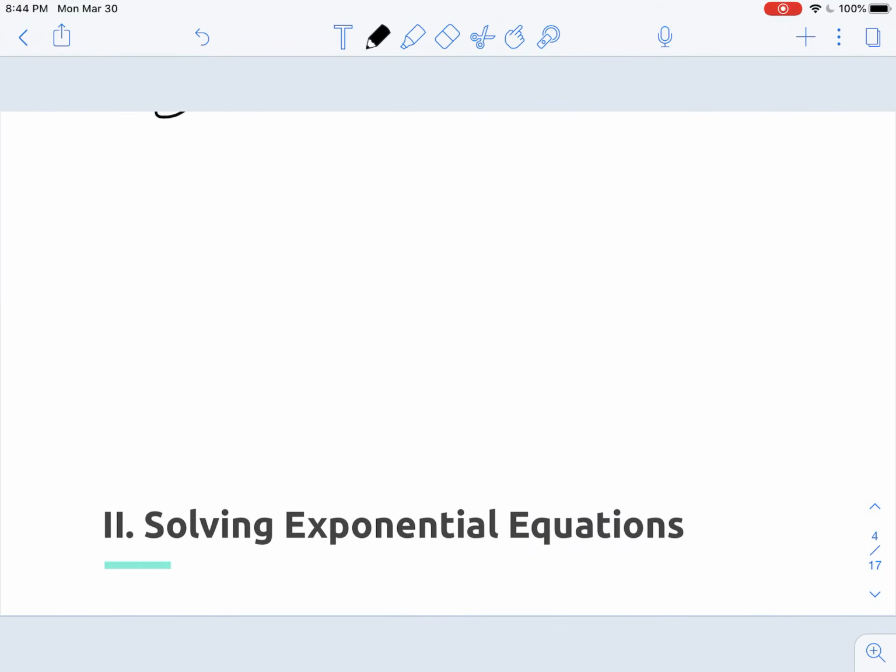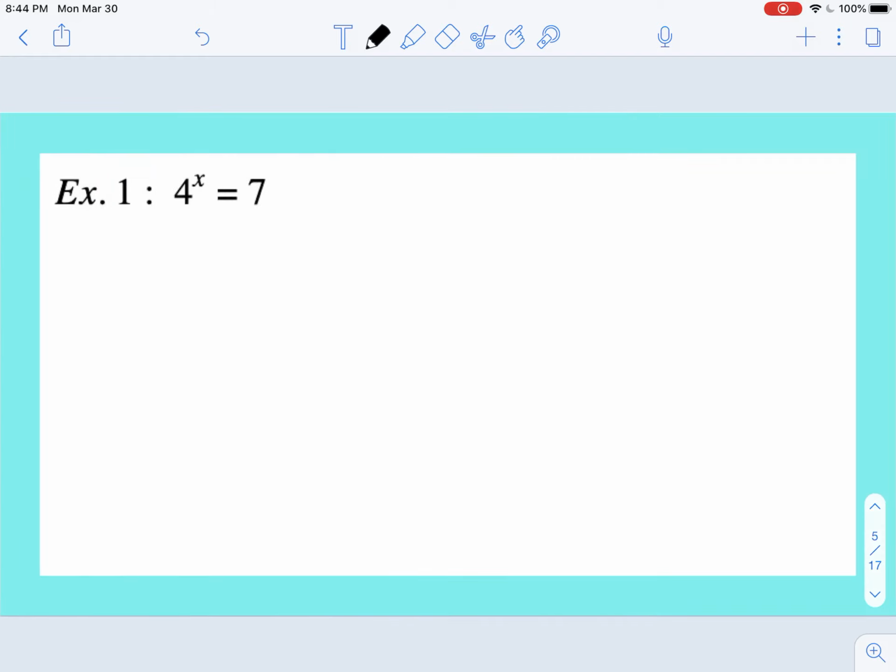All right, here we go. We're going to talk about solving exponential equations first, and we're going to go through 6 examples so you'll get a good flavor of all the different types of exponential equations that you might see. All right, so example number 1, pretty basic one. If we think about our 3 steps, our first goal is to make sure that we've isolated our exponent.